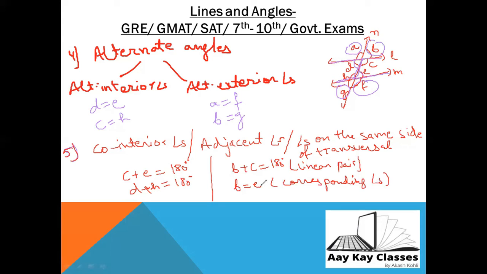So, if B equal to E, B plus C is 180, then can I write E instead of B here? So, I'll get E plus C equal to 180 degrees. So, this is co-interior, adjacent, or angles on the same side of the transversal, right? So, please note it down.